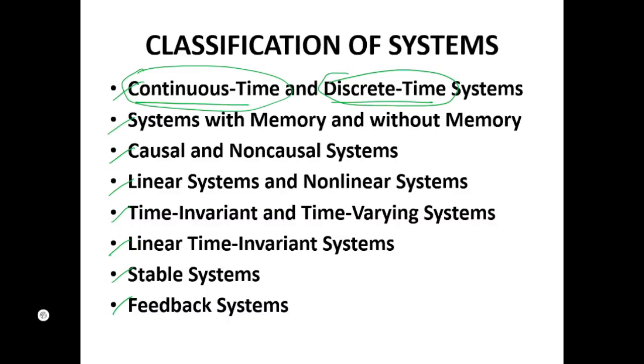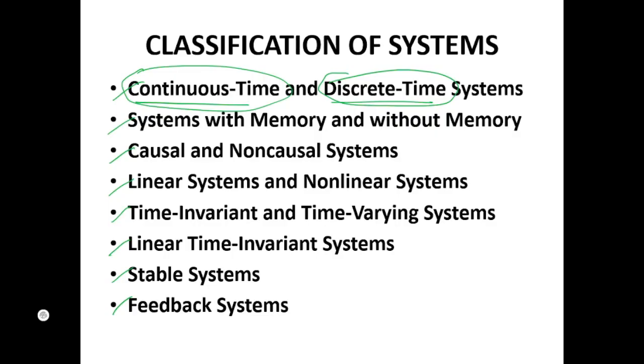What kind of system would it be? Analog, how many of you are telling continuous? Only 2, 3. And the rest, what do you say? The rest say discrete. And what is the definition of analog I told you in the last class? It may be in continuous time, it may be discrete time.